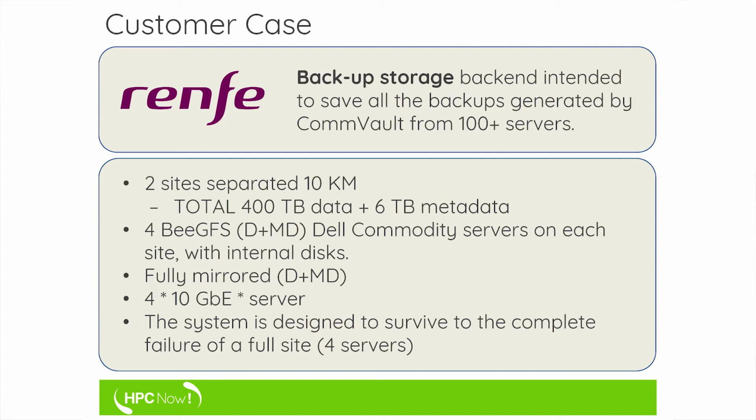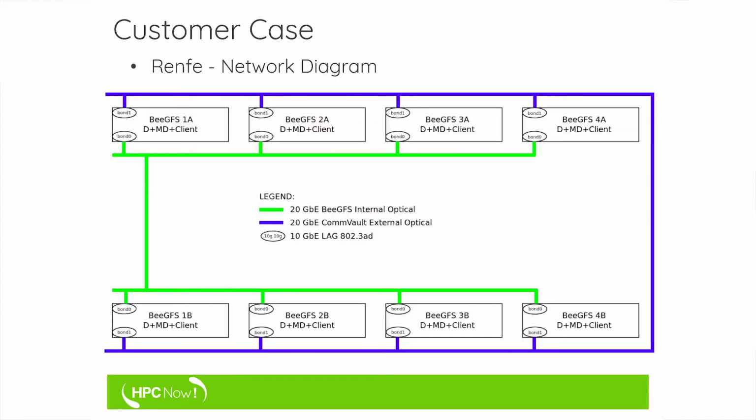In this case, we have BeeGFS with data plus metadata on Dell commodity servers, and they wanted full mirroring, so they have data and metadata mirroring. That means the 400 terabytes of net space, as everything is mirrored, is converted into 200 terabytes.